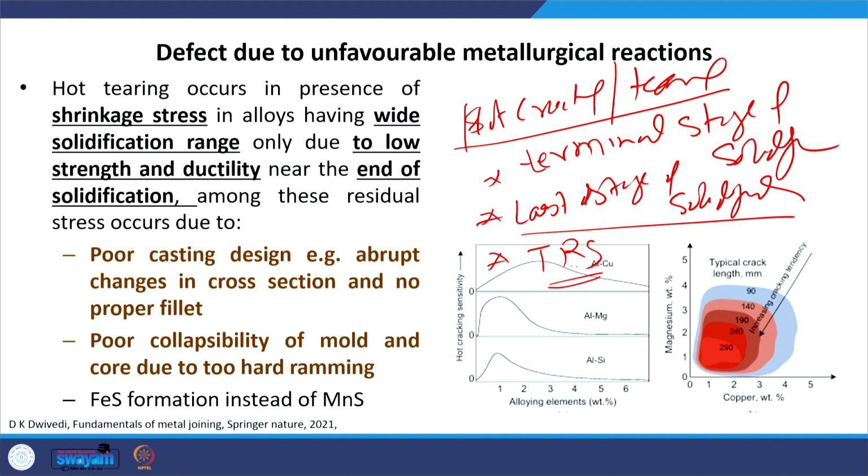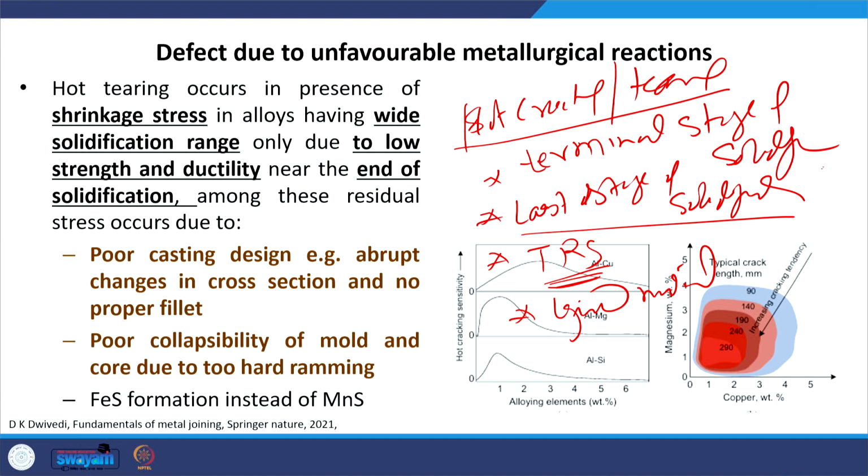So, we have a situation where there is still liquid molten metal yet to solidify in a very localized manner, but there is also the presence of tensile residual stresses.